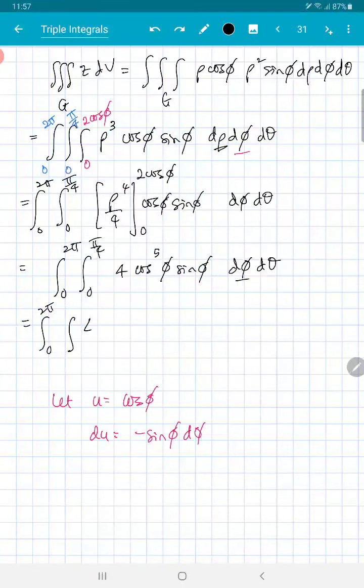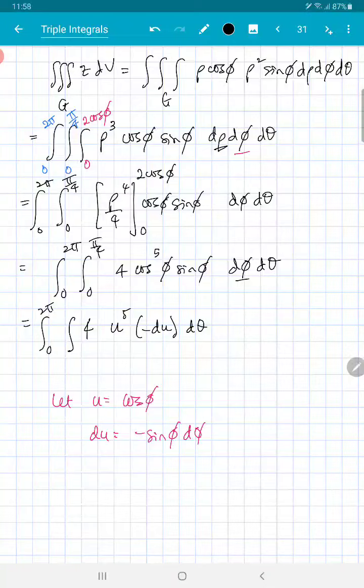So here you have u to the power 5, and then sine phi d phi is negative du, and we still have d theta.